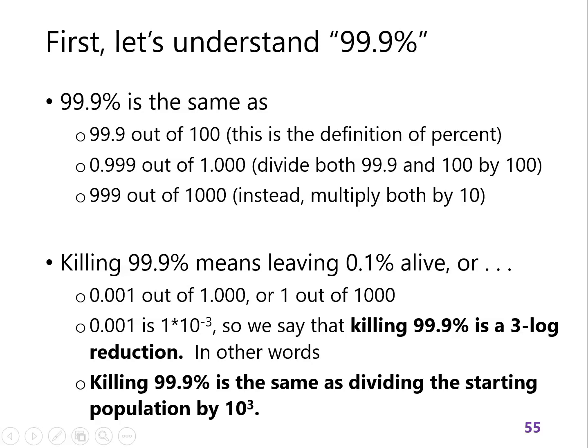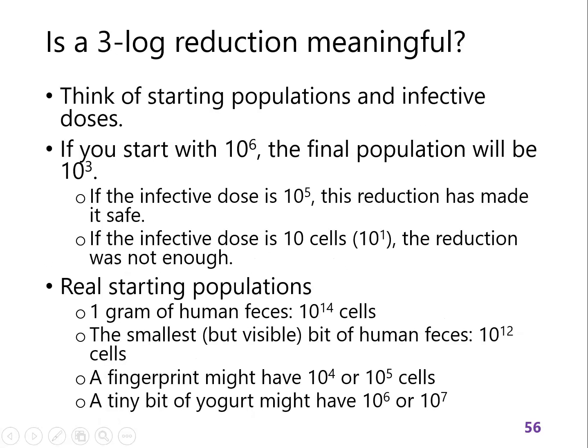And so, is that meaningful? Do we care about 10 to the third power? So we can look at some starting and ending populations, and we're going to get a different answer depending on what the infective dose is.